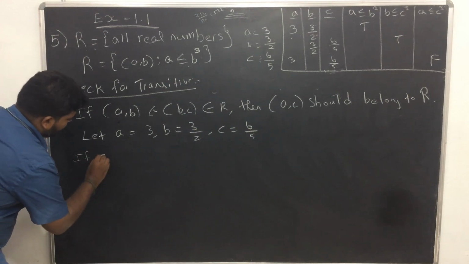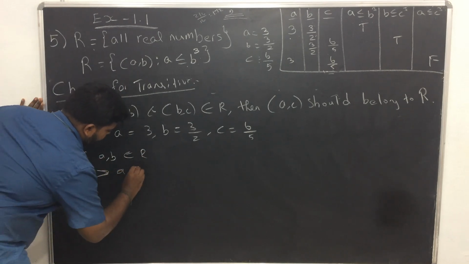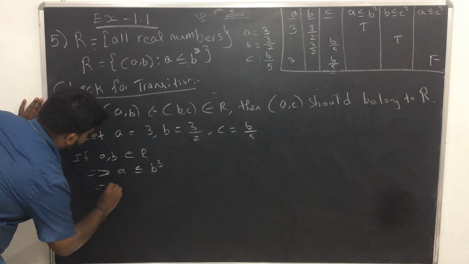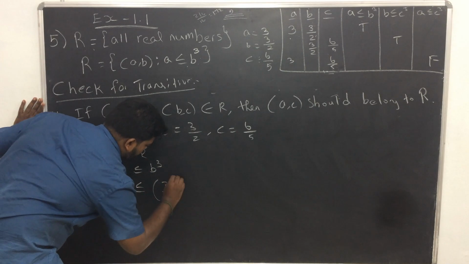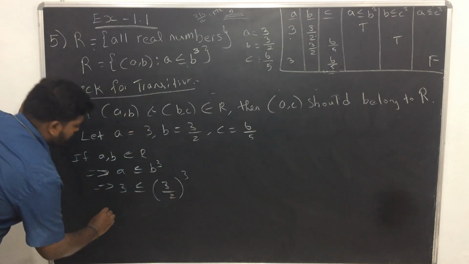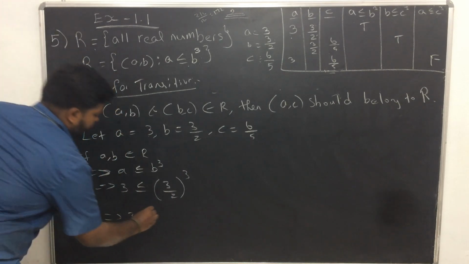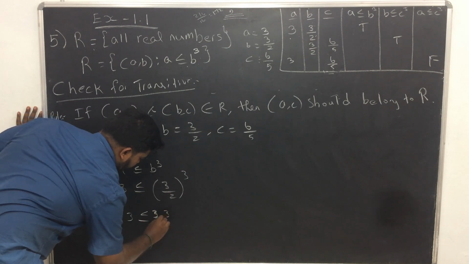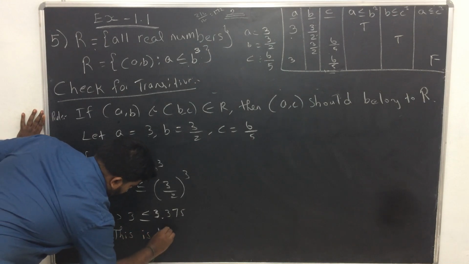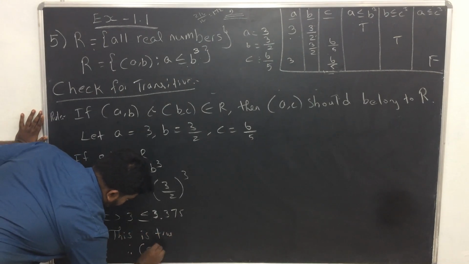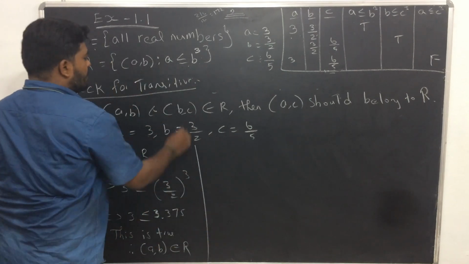If A comma B belongs to R, it implies that A is less than or equal to B cube, which implies that 3 is less than or equal to 3 by 2 the whole cube, which is 27 by 8, that is 3.375. This is true. Therefore, A comma B belongs to R. Moving on to B comma C.